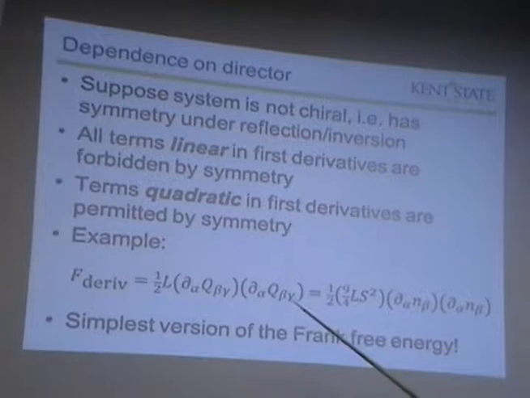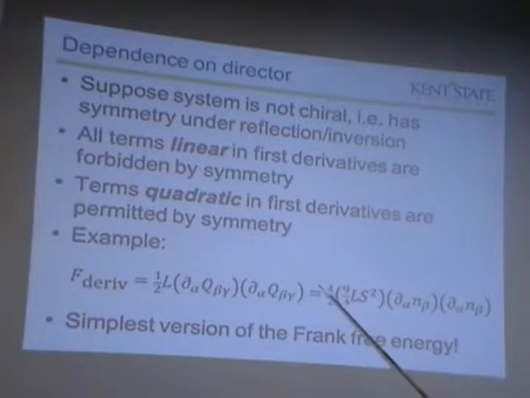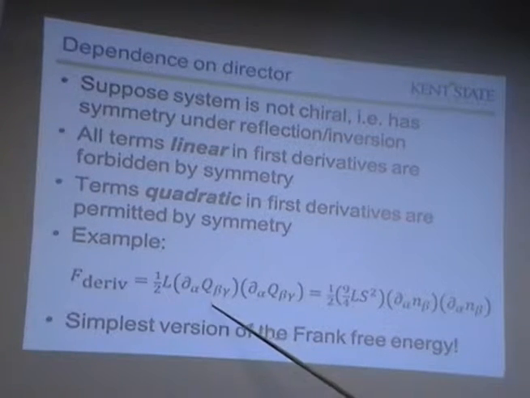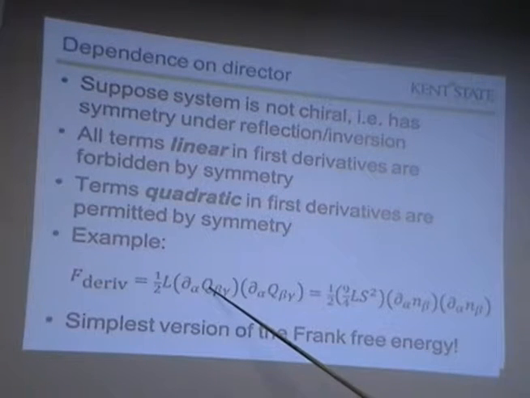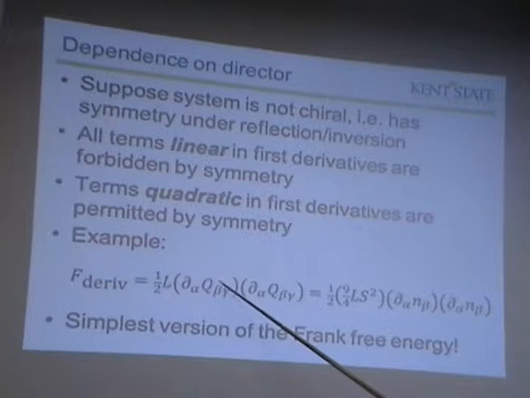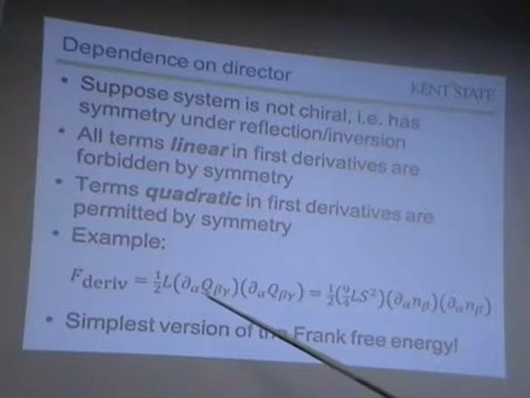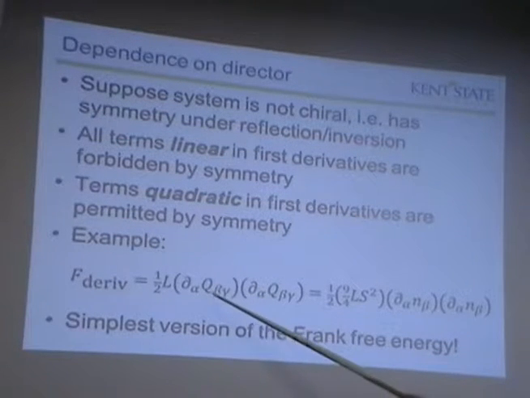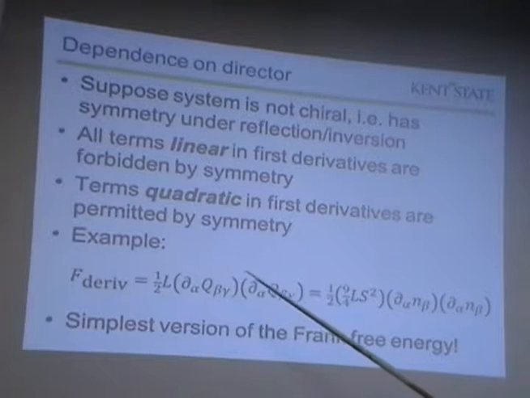So here is an example of a term that is quadratic in first derivatives. This is derivatives of Q beta gamma with respect to coordinate alpha, and contracted over alpha, beta, and gamma.